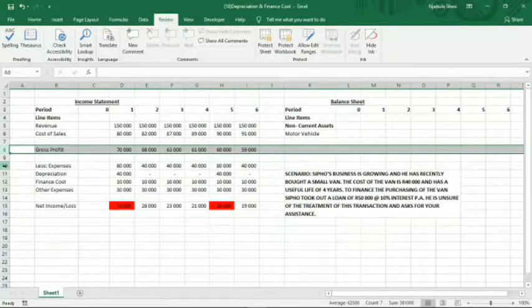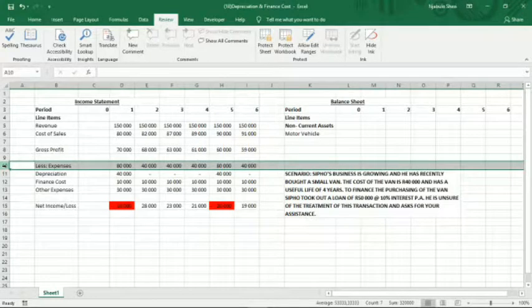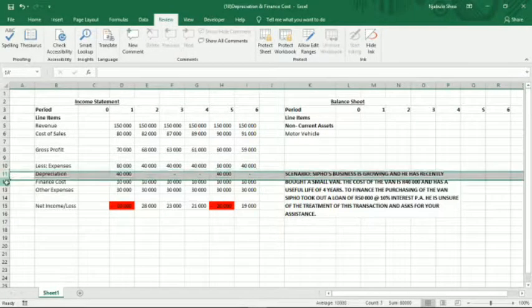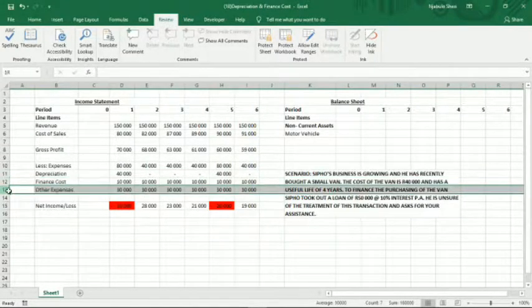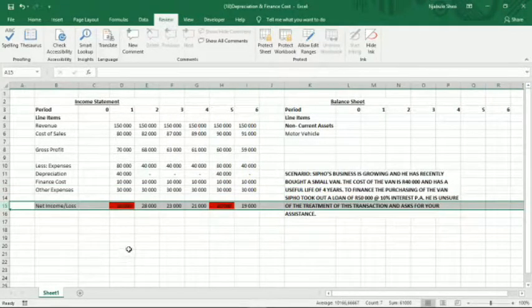We have a total of our expenses, which is made up of our depreciation, our finance cost, which is the interest that we are going to be paying on our loan that we are going to be using to finance the van, and then we have other expenses. And then we have our net incomes and losses.